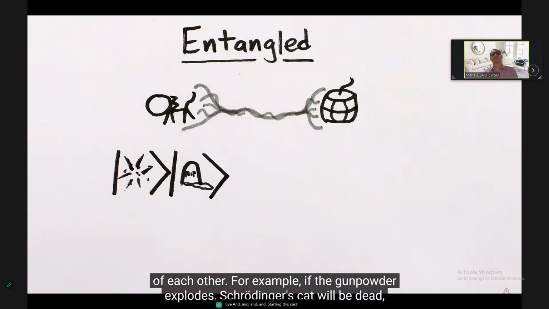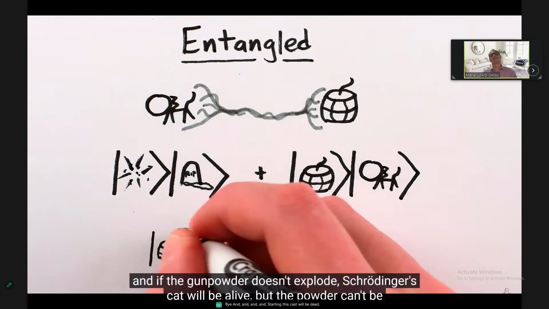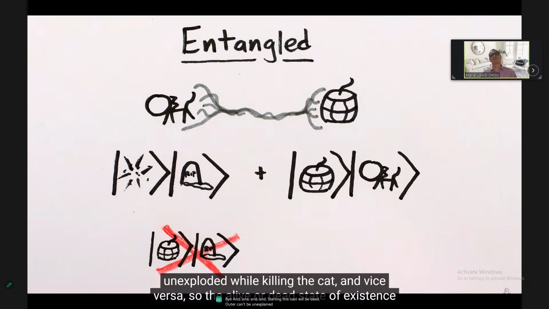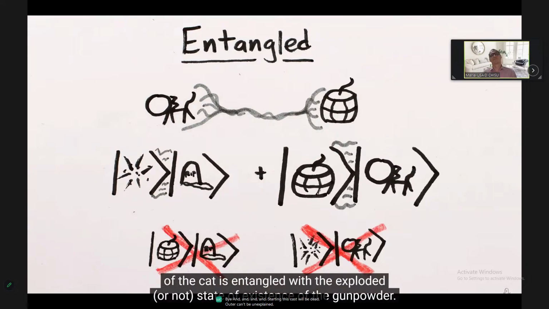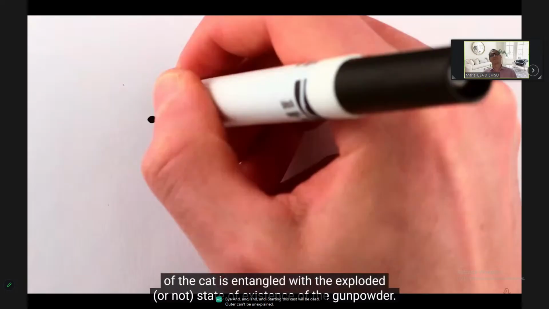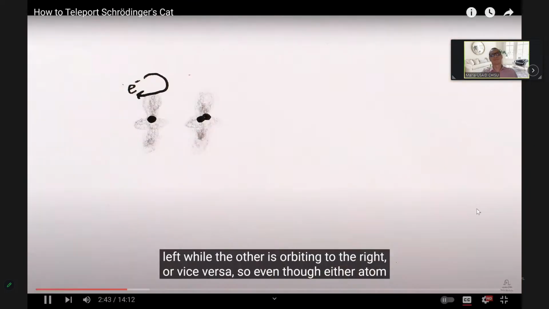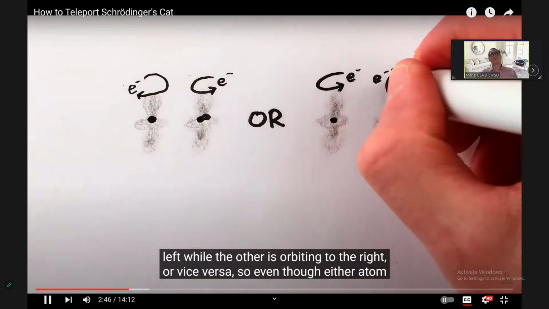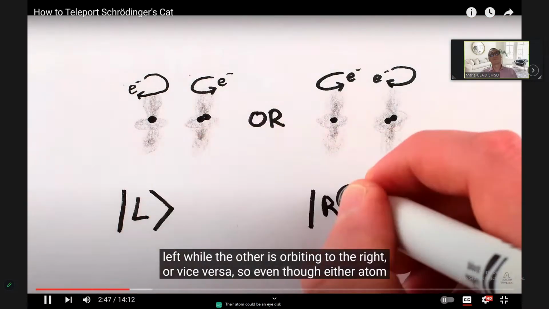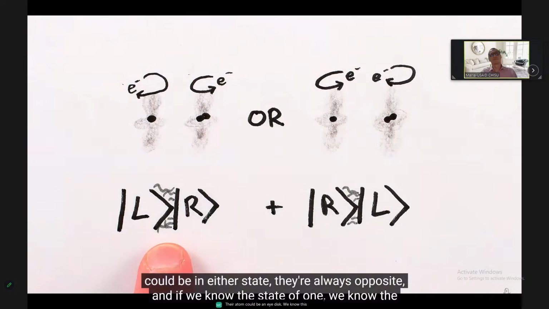Those cats will be powder, can't be unexploded. It could be in places. The same in general.